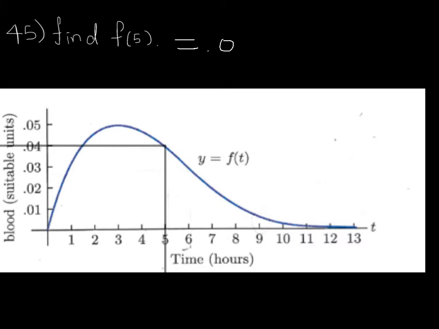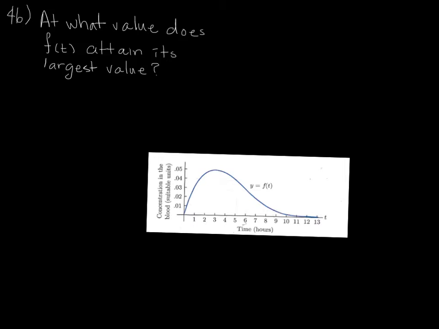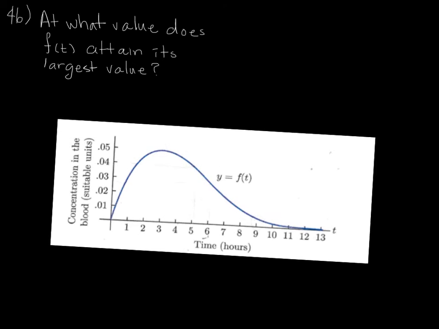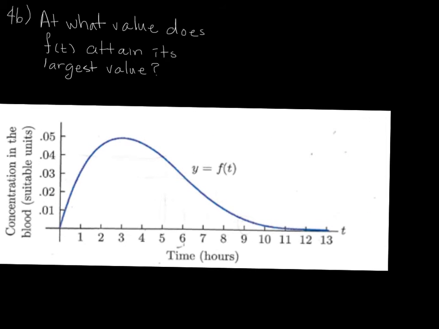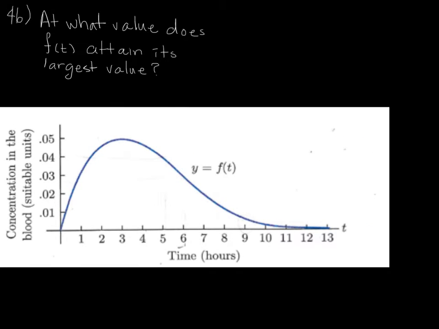For question 46, we want to know at what value f of t attains its largest value. So what value do you plug into the function f of t to output the largest value possible? All we need to do to answer this question is look along the y value for the highest possible output.